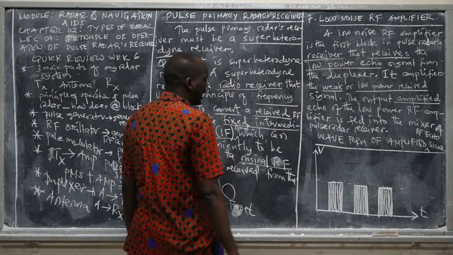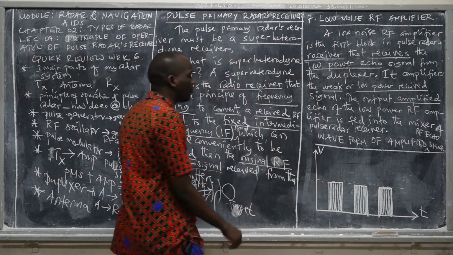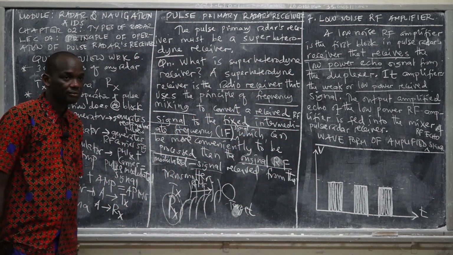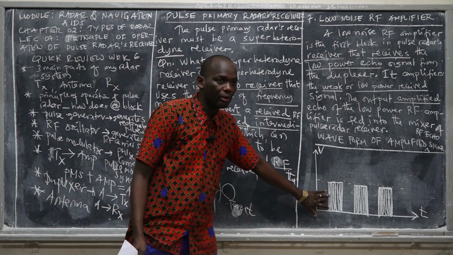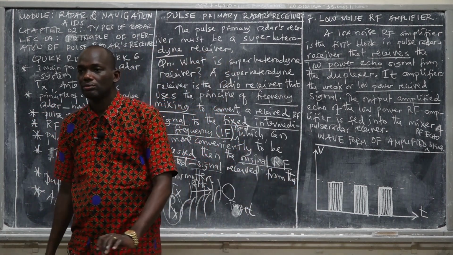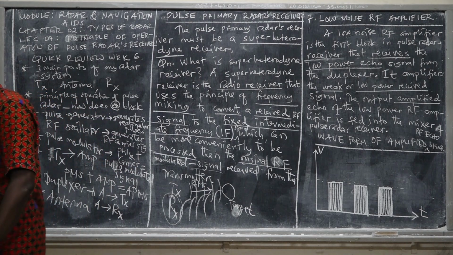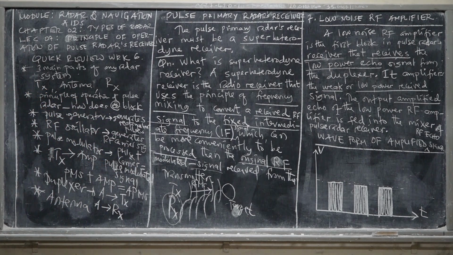So the size of this different waveform is still the same. And remember, we call it a modulated signal. So it's an amplified modulated echo signal.